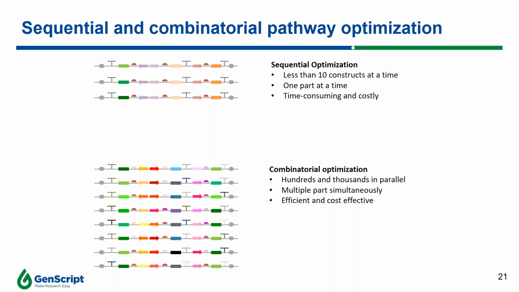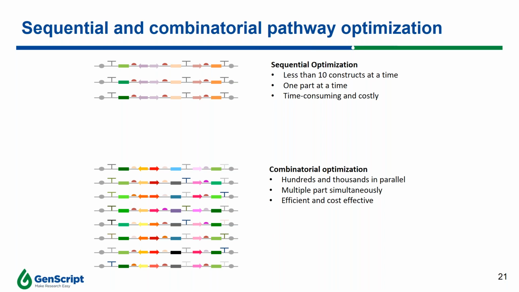Another difference between the sequential and combinatorial pathway optimization is that the combinatorial optimization requires a very efficient DNA assembly platform. As I show here, in the sequential optimization, we can only test less than 10 constructs at a time and can only change one part at a time. In other words, this approach is time-consuming and costly.